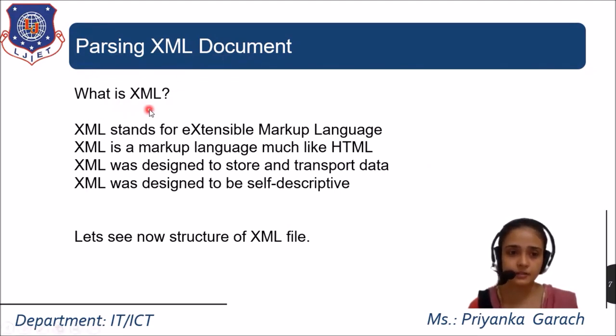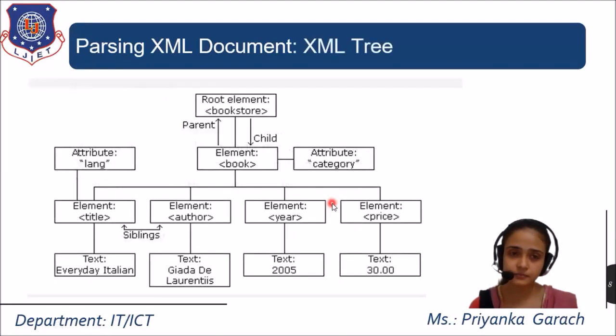So what is XML? XML stands for Extensible Markup Language. It is a markup language much like HTML. XML was designed to store and transport data, and also XML is self-descriptive. Now, what do you mean by self-descriptive over here? Let's see that.